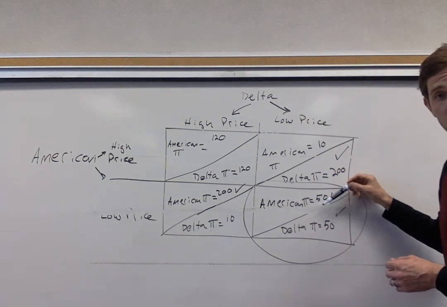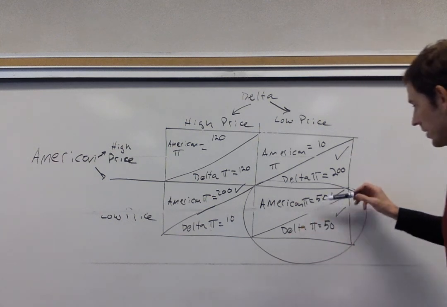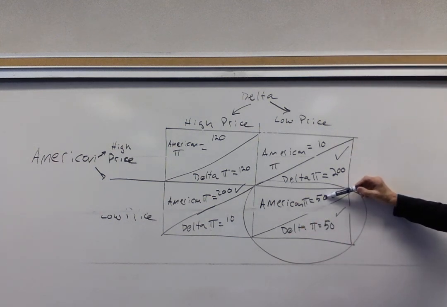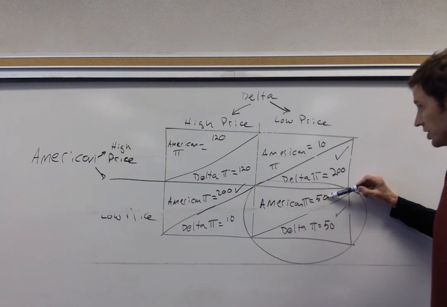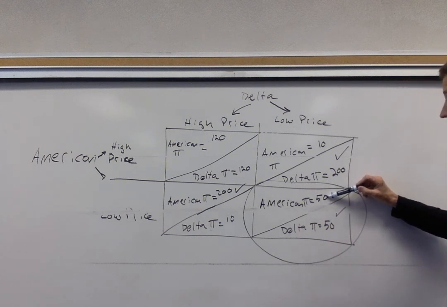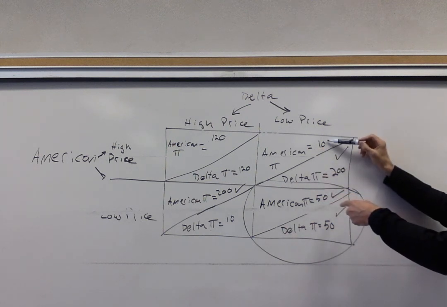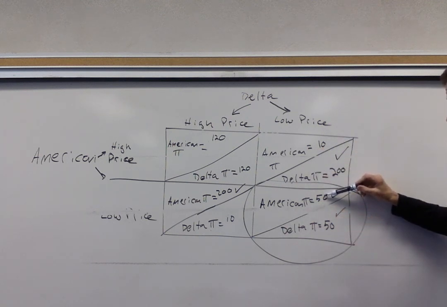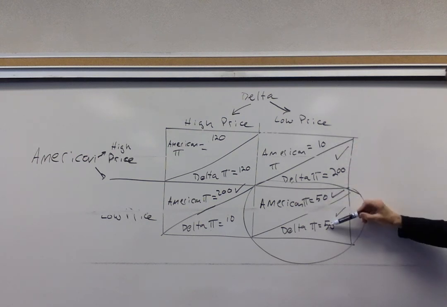Let's contrast that with what we see down here in the bottom right, where we do have that Nash equilibrium. Both firms here are charging low prices, and they're going to get profits of 50 each. What if American switched to a high price? Well, their profit would go down. American doesn't want to switch because that would cause their profit to go from 50 down to 10. What about Delta? They're getting a profit of 50 here.